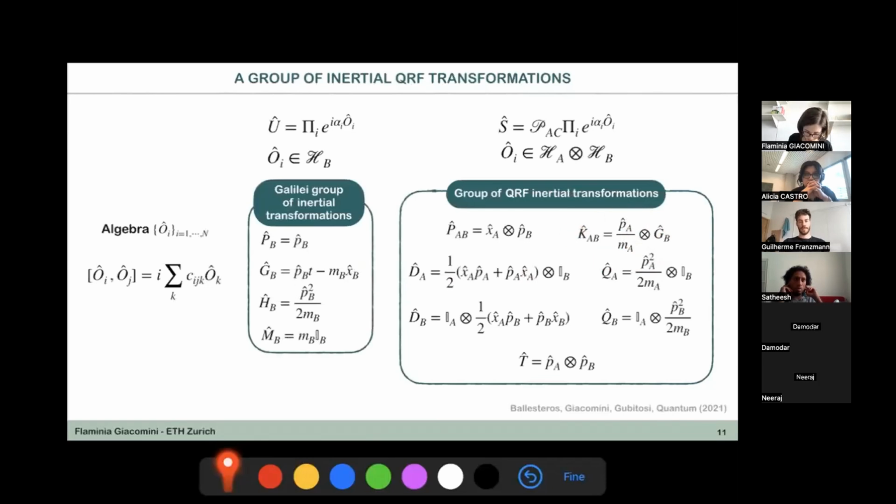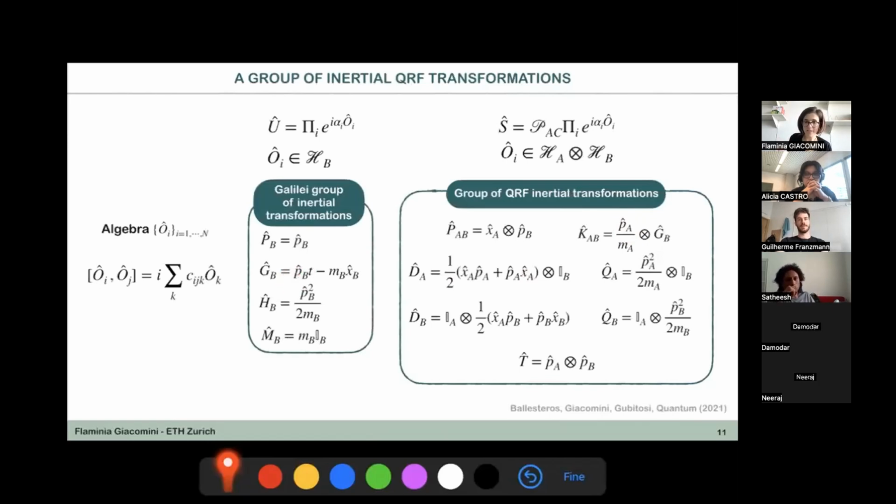PA. But actually notice now that we have XAPB. So we would like to have a term that is PA XB, and we have it because we have PA XB here. But then you notice that there is an additional term here that is PA PB.